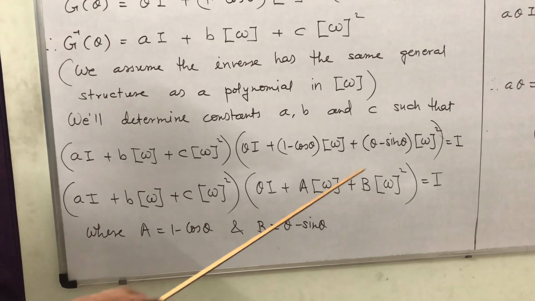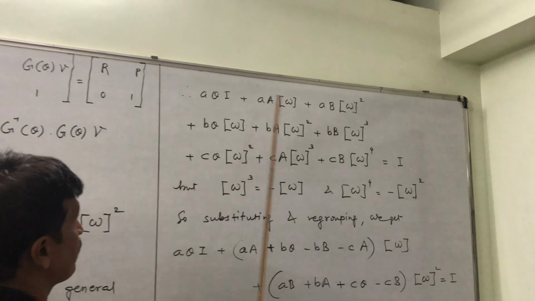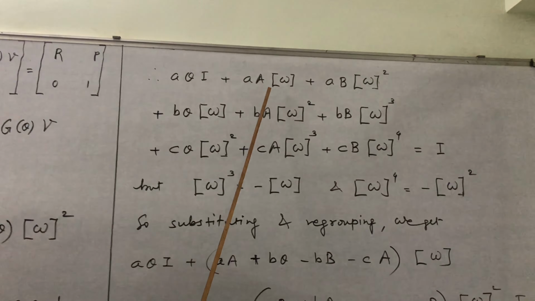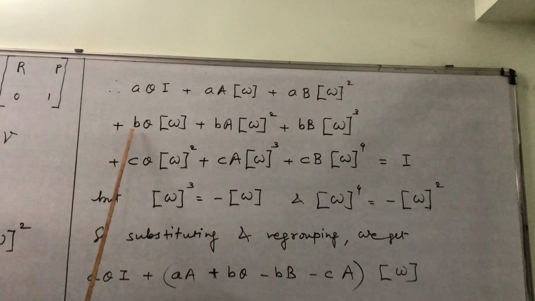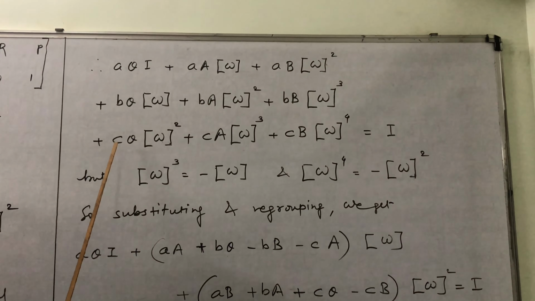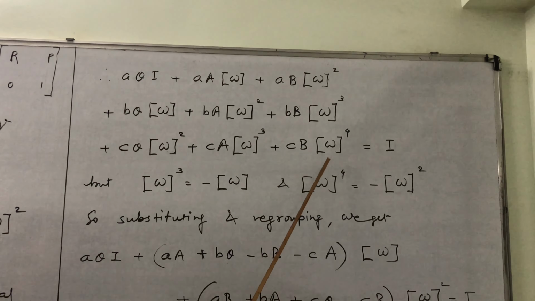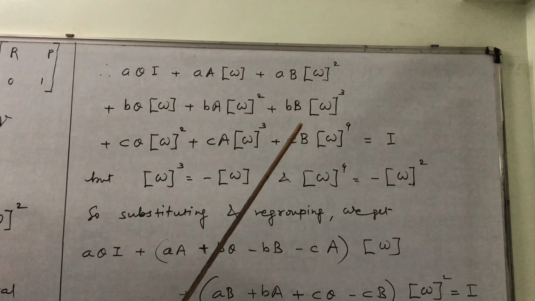Similarly this into whole bracket plus this into whole bracket, we get a theta I plus a A omega plus a B omega square plus b theta omega plus b A omega square plus b B omega cube plus c theta omega square plus c A omega cube plus c B omega 4 equals I.